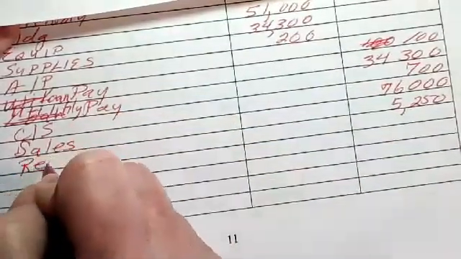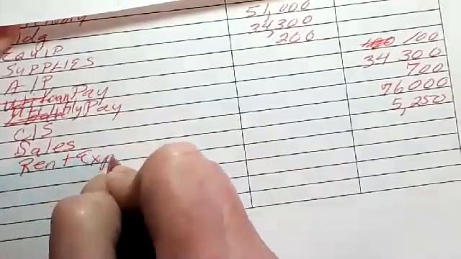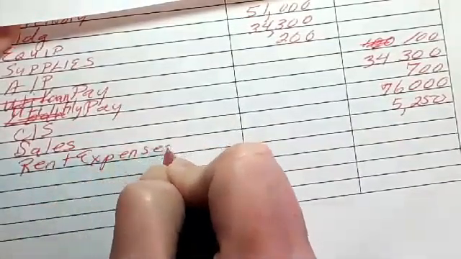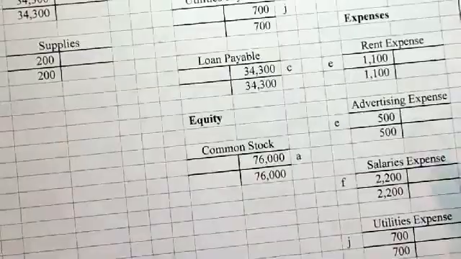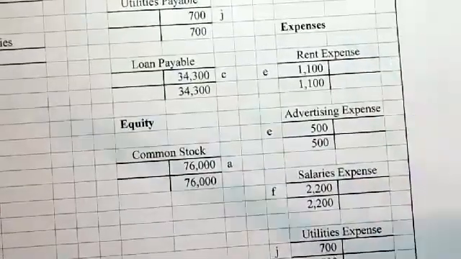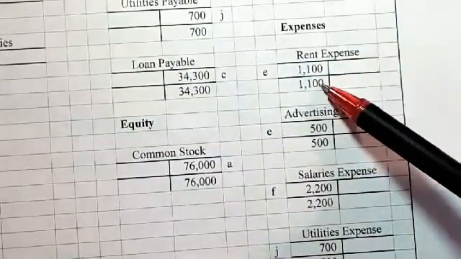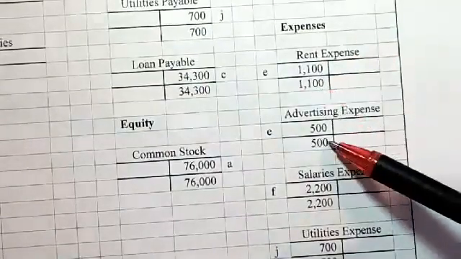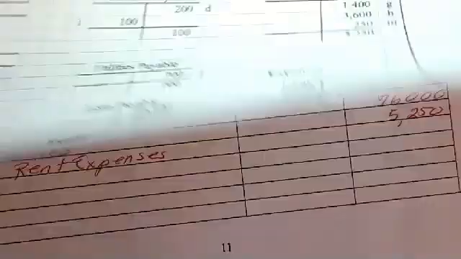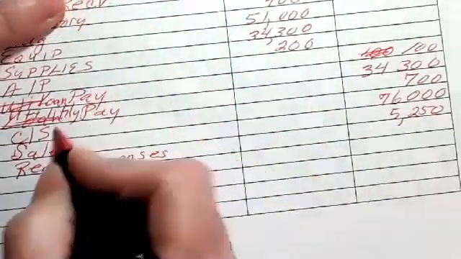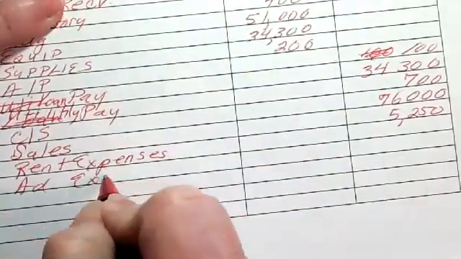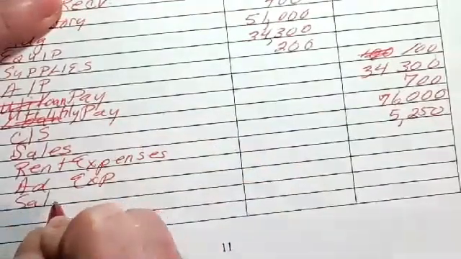And then comes your expenses. And this is where you sometimes screw up, because the dogs are howling and because the expenses, remember, have debit balances. So this is 1,100, 500, 2,200 for the rent, the ad expense, the salaries expense.